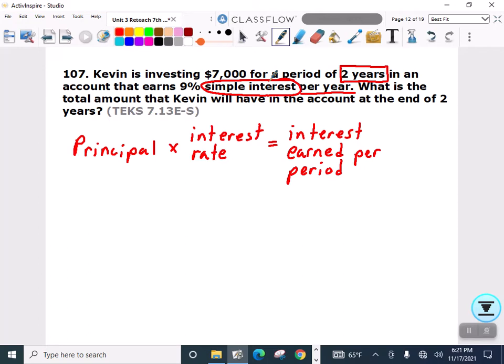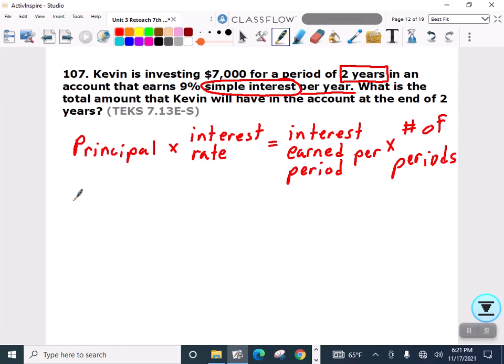So the principal, in this case it's $7,000, times the interest rate, and that's the interest earned per period. And you're going to multiply that times the number of periods. So that will equal this, which will tell you how much interest is earned.